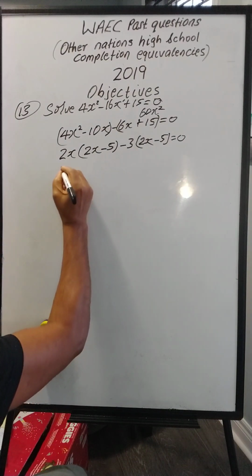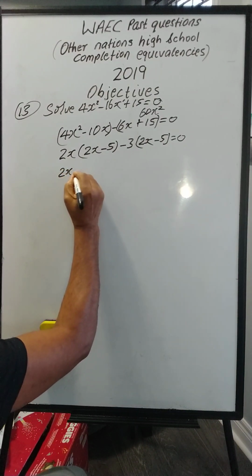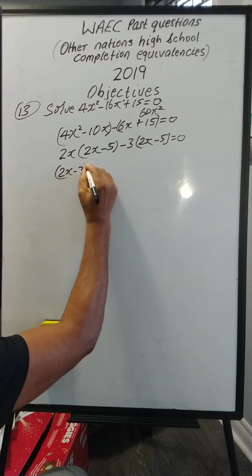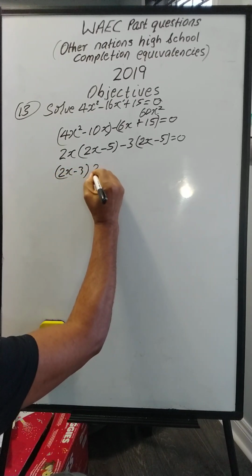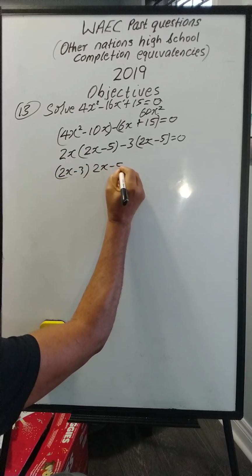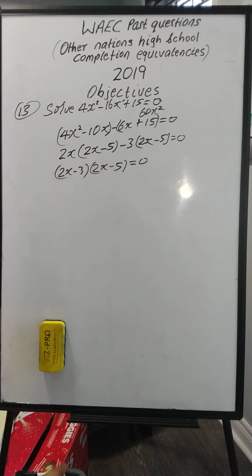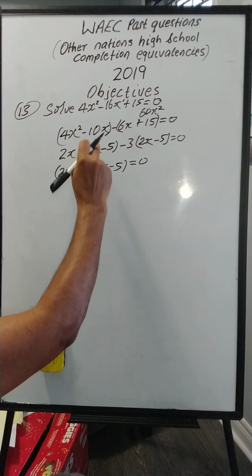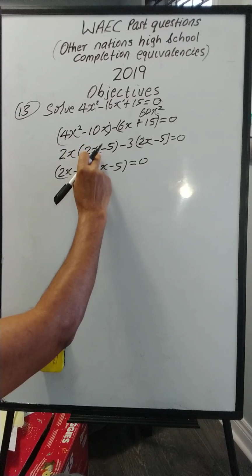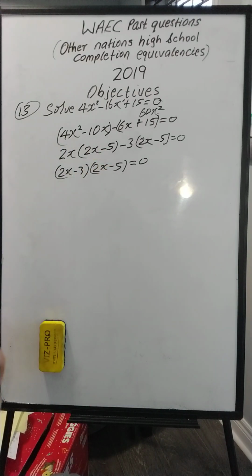We now collect. We have 2x minus 3 and 2x minus 5 is equal to 0. Note that what is in each of these brackets must be the same, both in value and in sign.